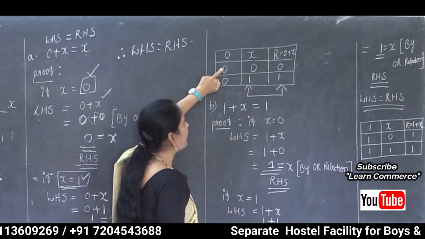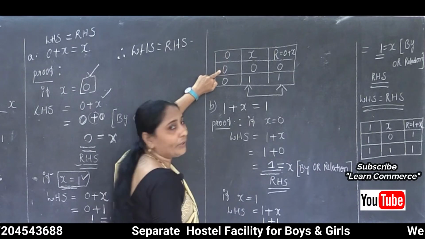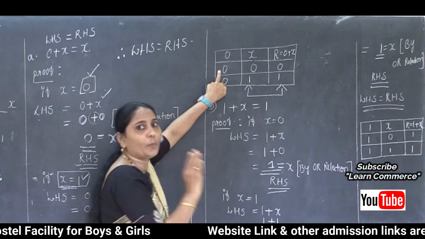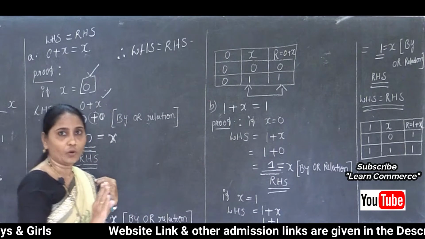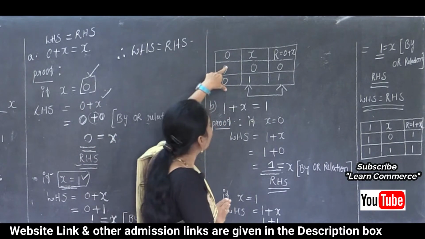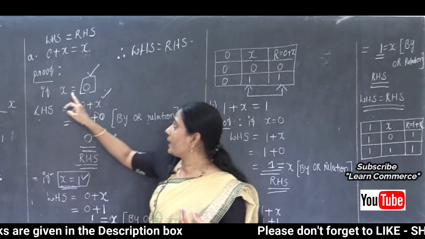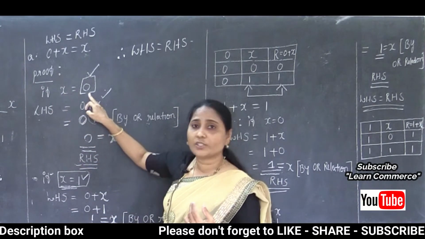The 0 value stays as it is, it is not going to change, so I use 0 only. Why? Because it is the rule, the property of 0 and 1 in Boolean algebra. In the starting step, what x value did I use? The x value is equal to 0.